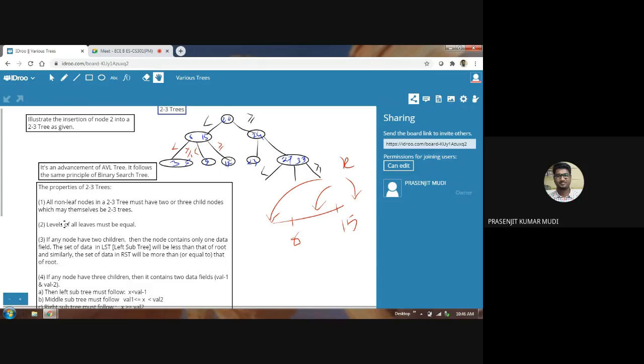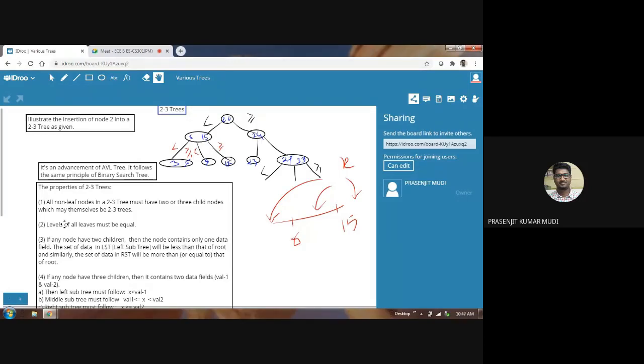Next, in an AVL tree, one limitation is that any node can have at most two children. So what will happen if it is possible to accommodate more than two children in a particular node?